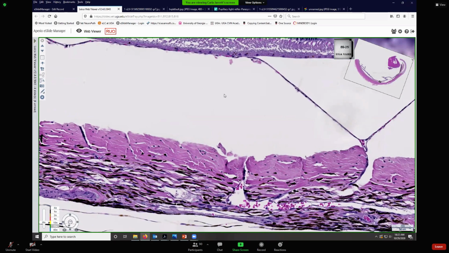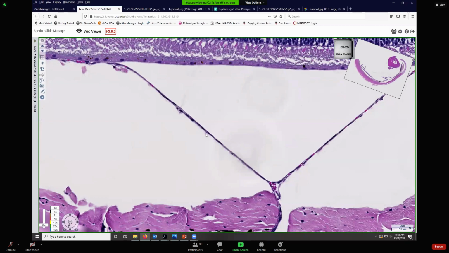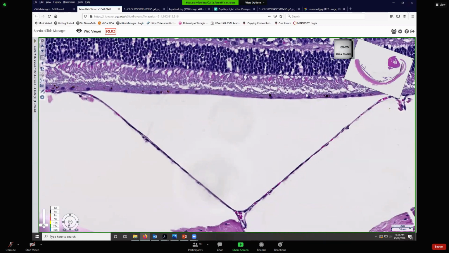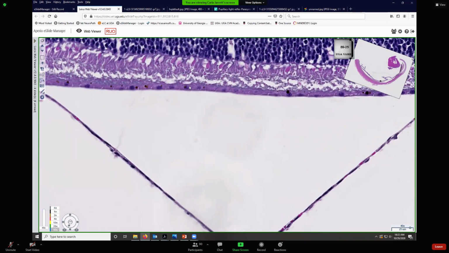Here we have artifactual separation. Look, this is way cool. This is the capillary bed right here, stretched down here, artifactually pulled away from the RPE. Kind of sounds like RBG, right? The RPE is the retinal pigment epithelium, and here we have very little pigment. There's a little bit here, here, here, here, but not much.